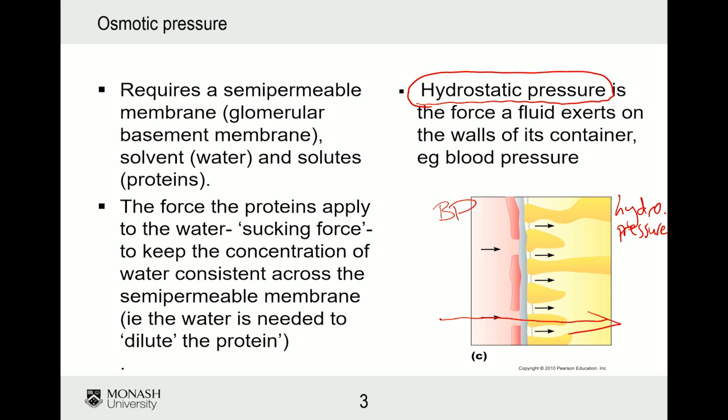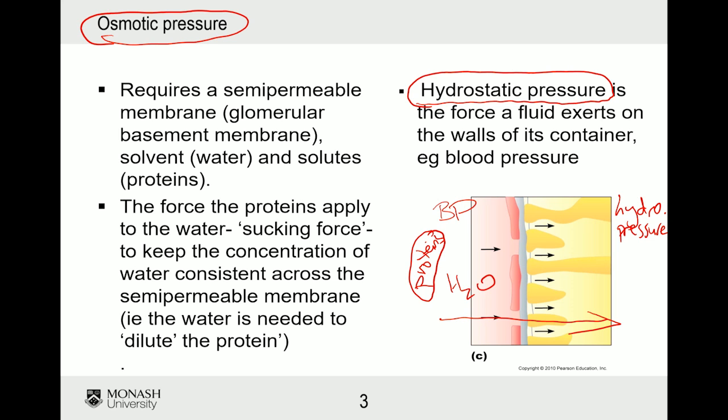Then we have a thing called osmotic pressure. This requires a semi-permeable membrane, which we have with the glomerular basement membrane, a solvent, which we have water in the blood, and solutes, which in this case we are looking at the proteins in the blood. Now, osmotic pressure is related to osmosis.